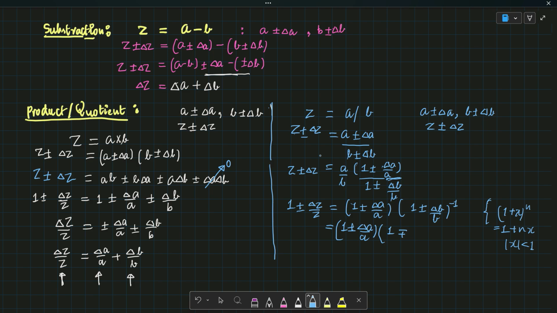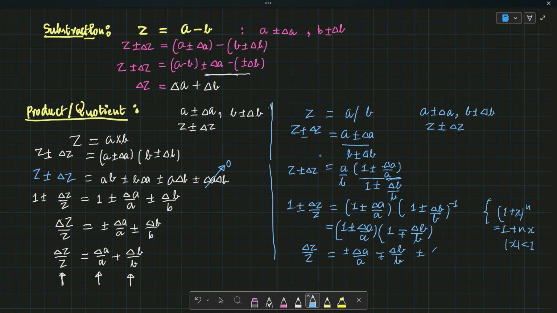So minus 1 is taken inside, so plus minus becomes minus plus. Now we multiply and solve it. So we'll get delta Z by Z equal to plus minus delta A by A and minus plus delta B by B, and 1 will cancel out, and the product of these small quantities is 0.